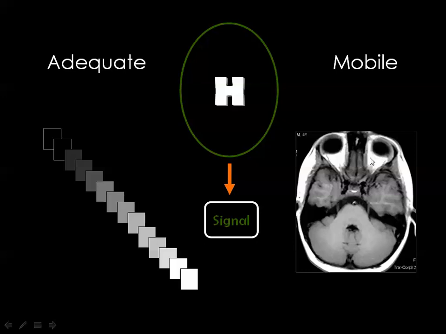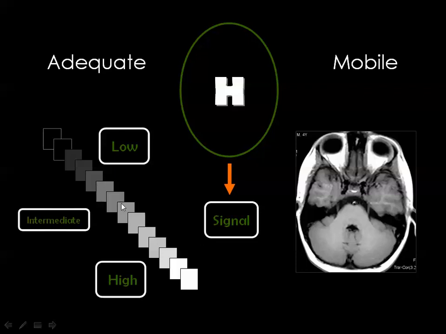Then in order to explain this in the report, the black tissues are called low signal, the white tissues are high signal, the gray structures are called intermediate signal.